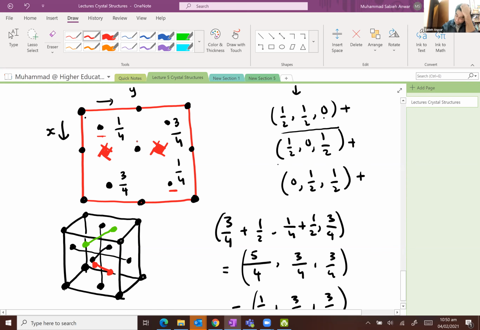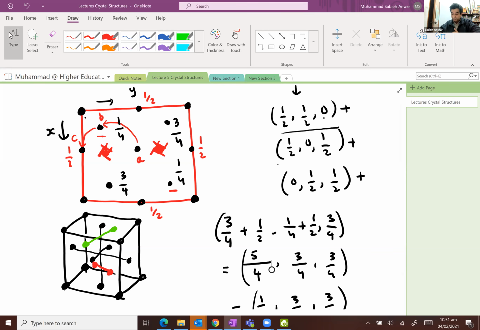You could do a 4-fold rotation followed by an elevation by 1/4. It will take this atom A to this atom B. And then another screw operation will take atom B to atom C. So you do a 4-fold rotation and raise the elevation by 1/4. So these two are locations of 4-fold axes.